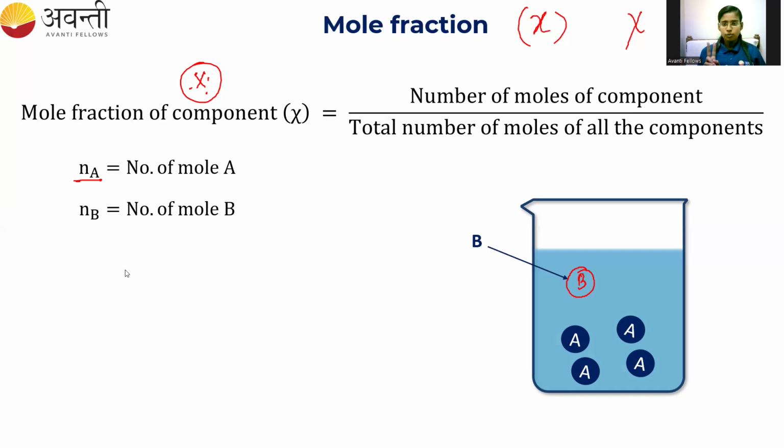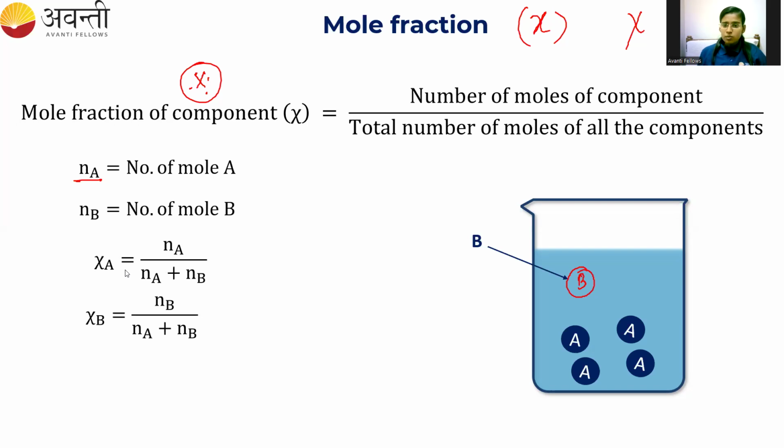Totally, I have only two components, one is A and the other one is B. So XA is equal to number of moles of A divided by total number of moles, which is Na plus Nb. Got it? In the same way, if I have to find out the mole fraction of B, what do I have to do? Xb is equal to Nb divided by Na plus Nb. Right? Yes or no? Is it clear for all of you?